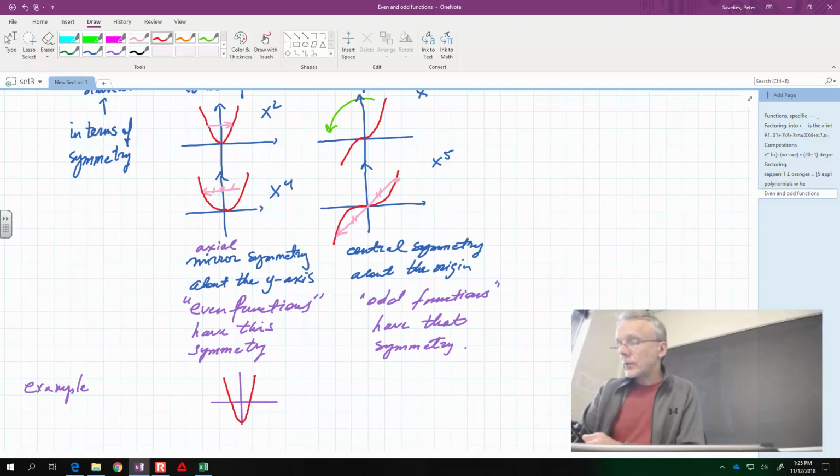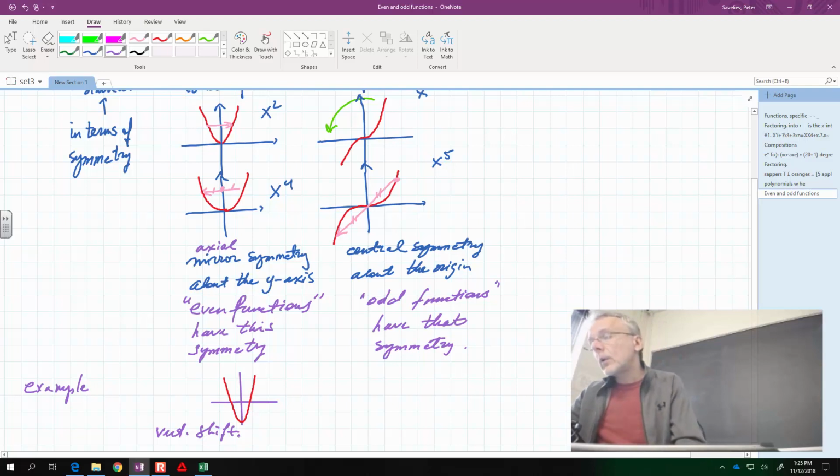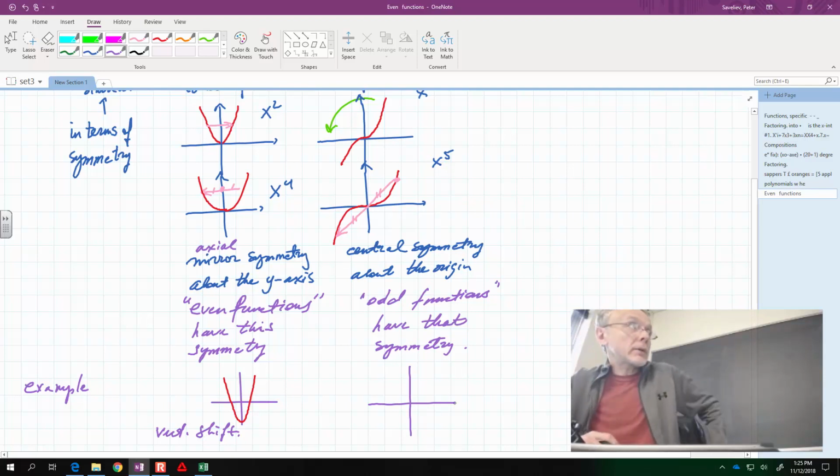Shift up or down, a vertical shift of any power function, or any function that is already even, will produce another even function. What operation could I do with those two on the right that would keep them still odd?